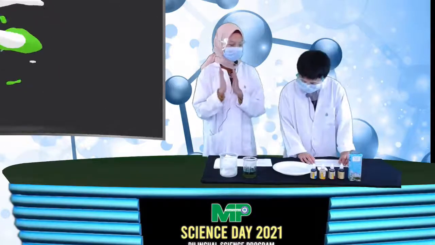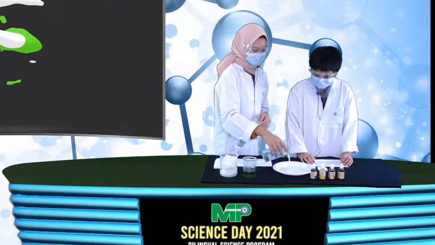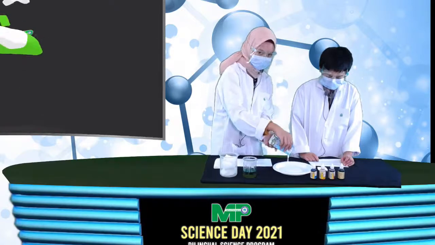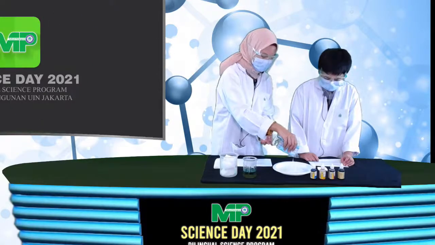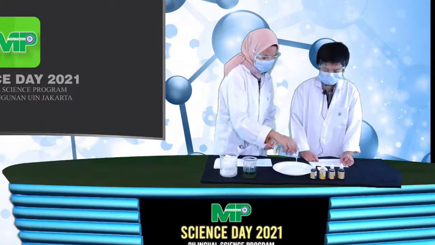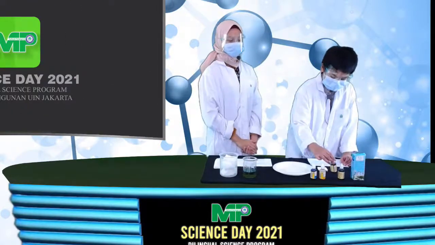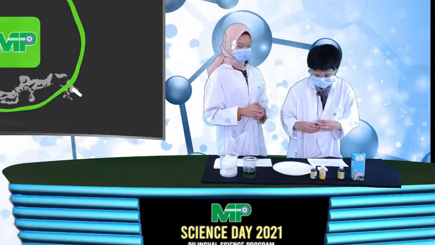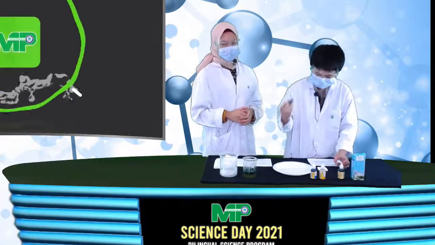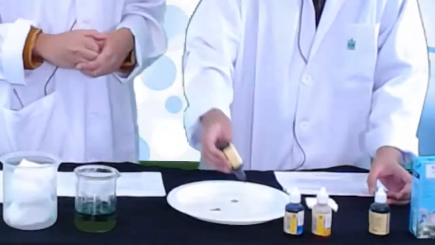Now let's do the experiment. First of all, pour enough fresh milk into your container. As you can see, I'm currently pouring the milk. And I think that's enough. Put enough food coloring on the fresh milk. First is red. 1, 2, and 3.